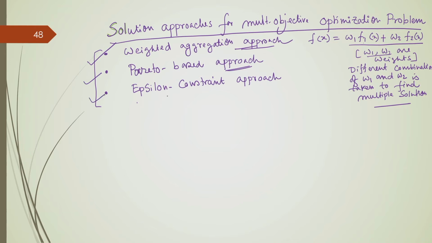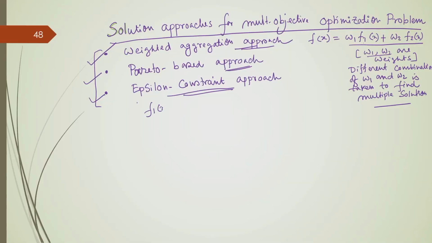And there is another approach which is called epsilon constraint approach, in which even though we have multiple objective functions, we convert. Suppose we have f1(x) to fm(x), m number of objective functions for a particular problem. In the epsilon constraint method, we optimize only one objective function. Let us say this is a minimization problem. We keep only one objective function, and the rest of the objective functions are converted to constants. So, f2(x) we convert to some constant.